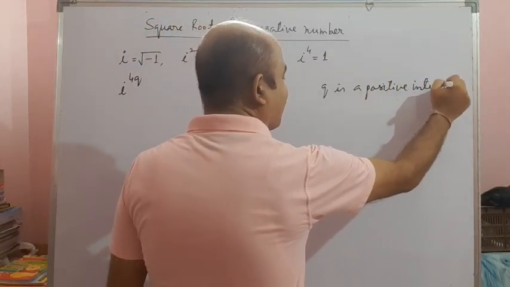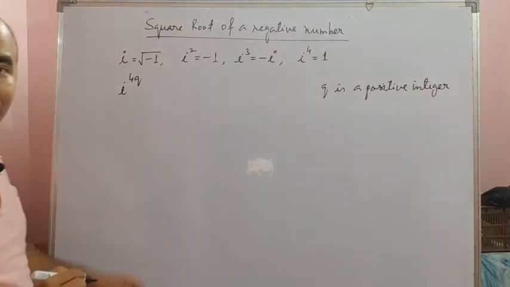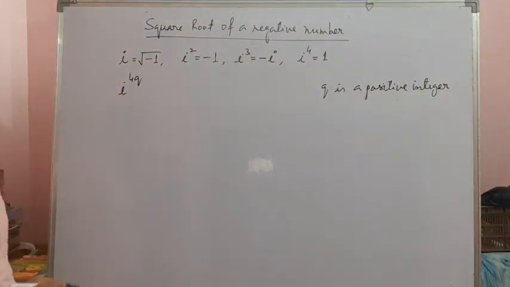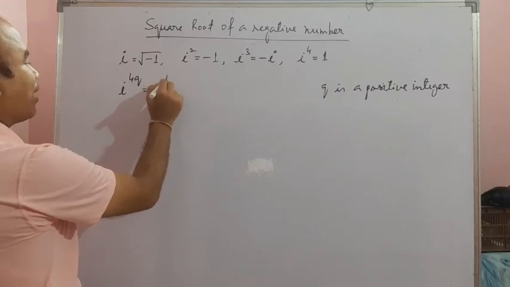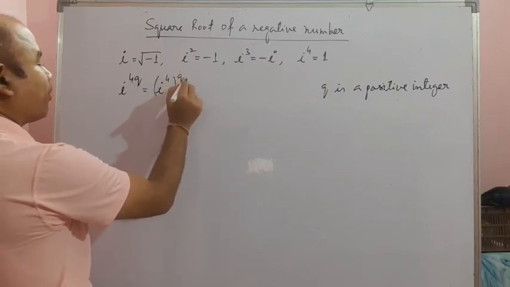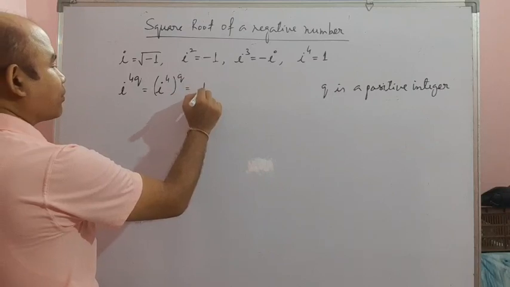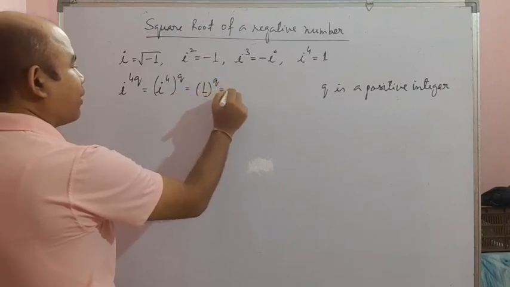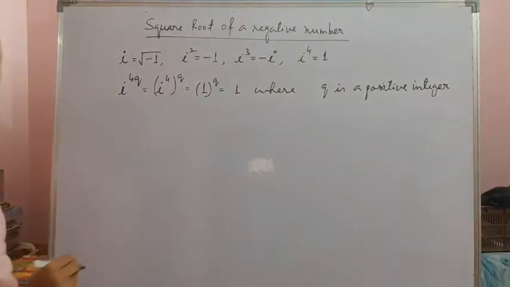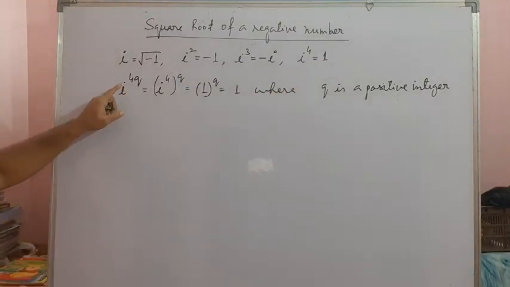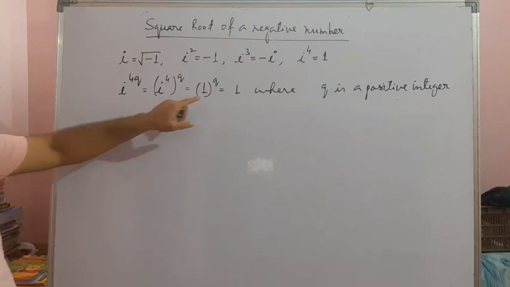That means you have taken here a positive multiple of 4. Then what will be the value? By law of indices, you can write it as i to the power 4 whole thing to the power q. i to the power 4 is 1. So 1 to the power q, and 1 to the power anything is equal to 1. That means when the power of i is a positive multiple of 4, then your answer is 1.